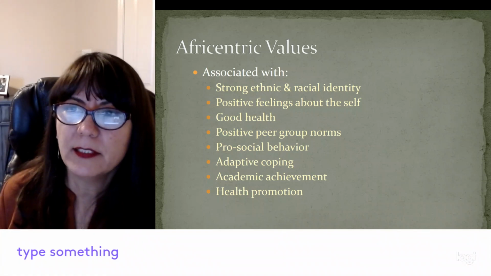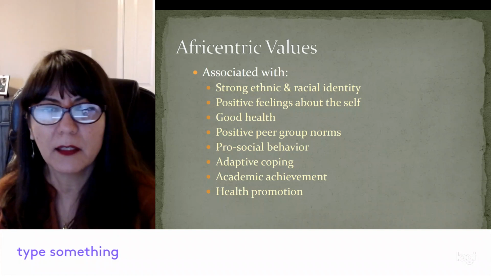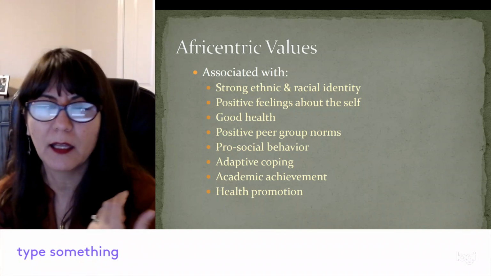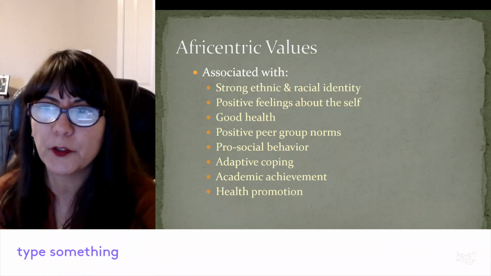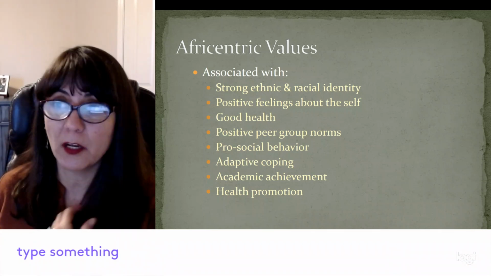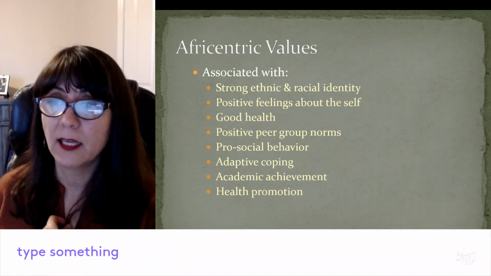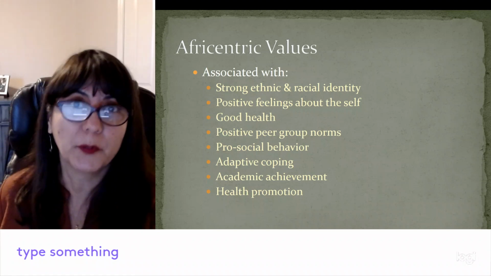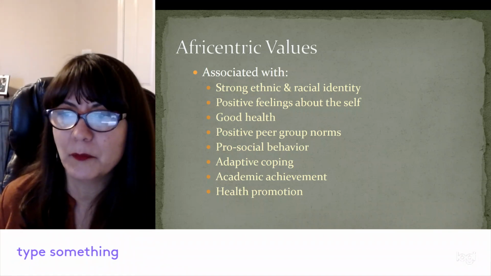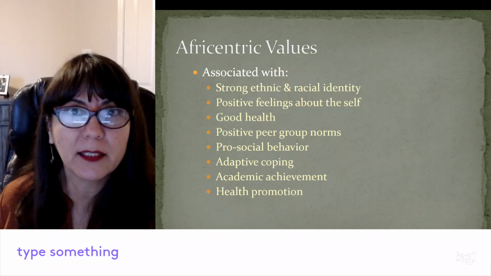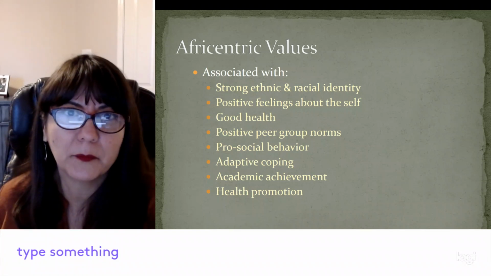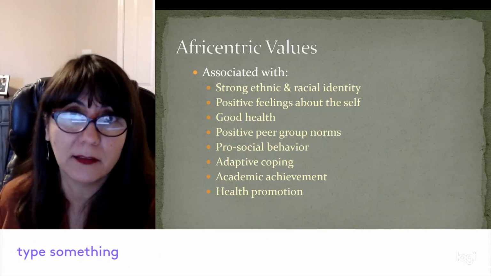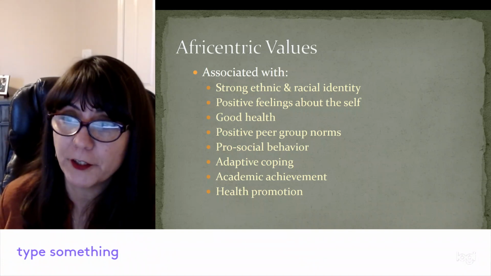So Afrocentric values, having a strong sense of one's culture included in these programs, helps to promote strong ethnic and racial identity, positive feelings about the self, good health, and positive peer group norms, so that what you see around you is behavior that is encouraging positive behavior and outcomes.